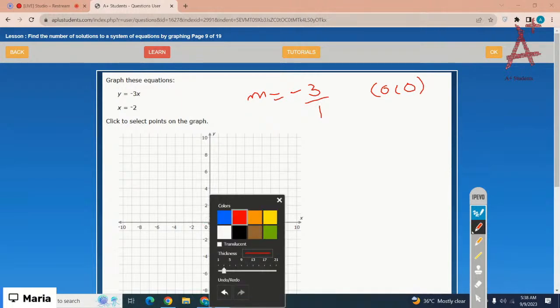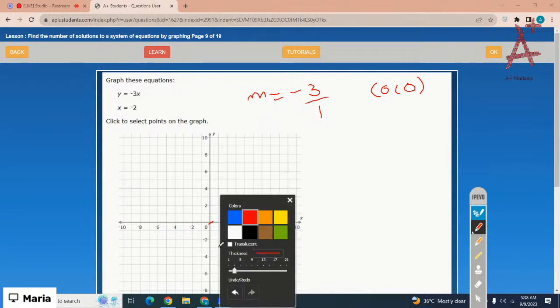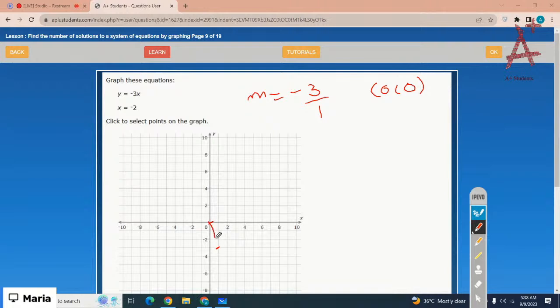Here you have 0, 0, right? Negative 3 means move down 3 points, move right 1 point and down 3: 1, 2, 3. It would be here. That is the line. The second one is x equals negative 2. Here x equals negative 2. Here it is. You can see both the lines have exactly one solution, right? So both the equations have exactly one solution.